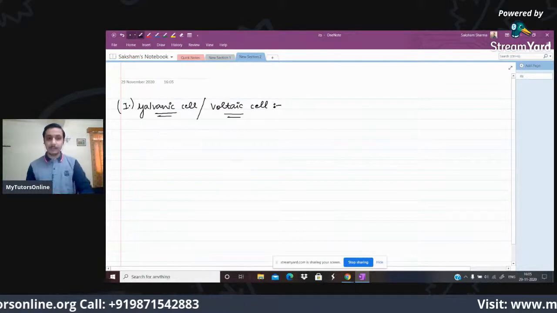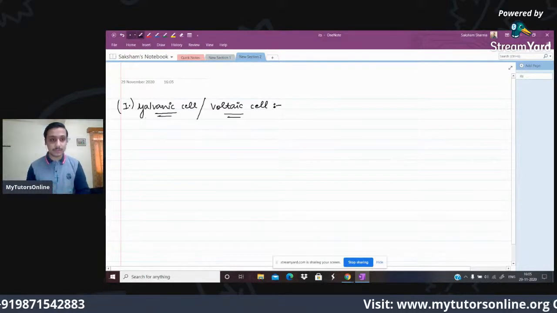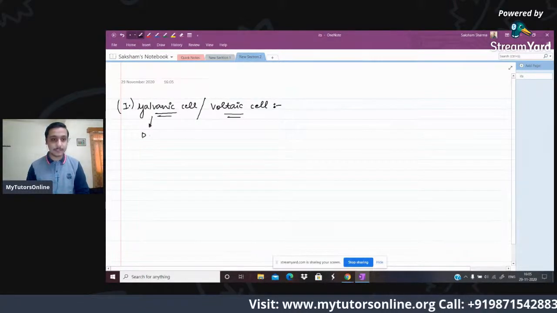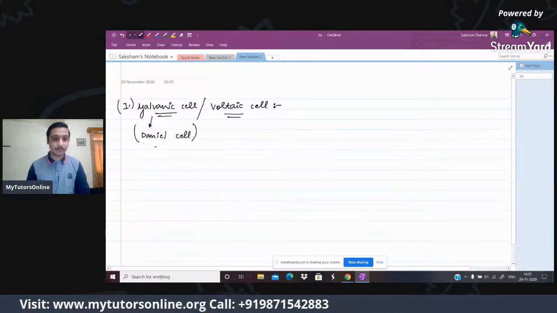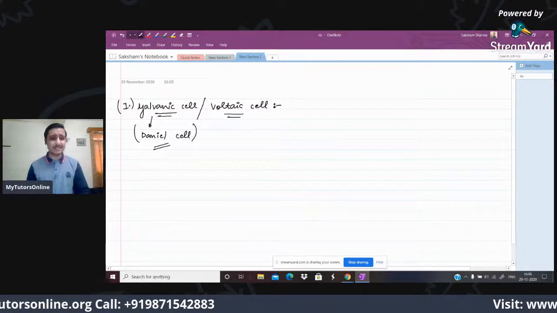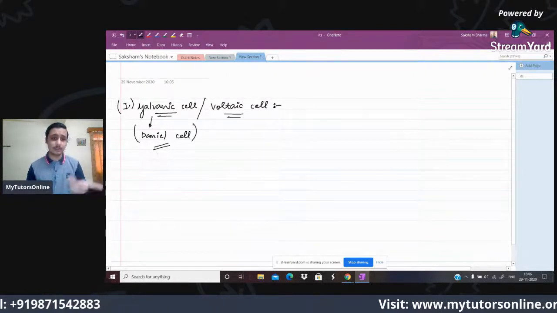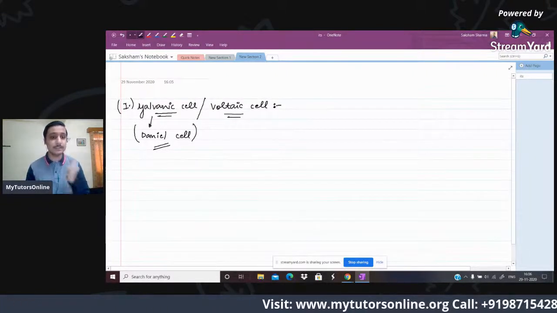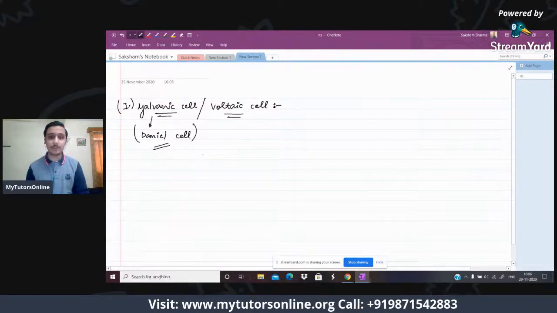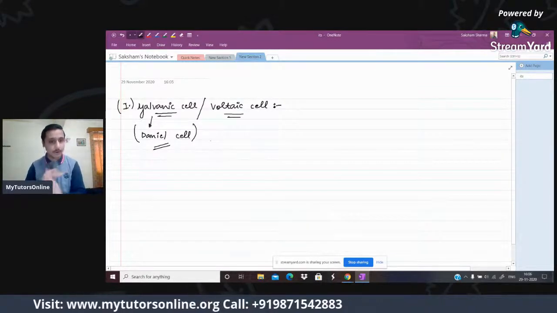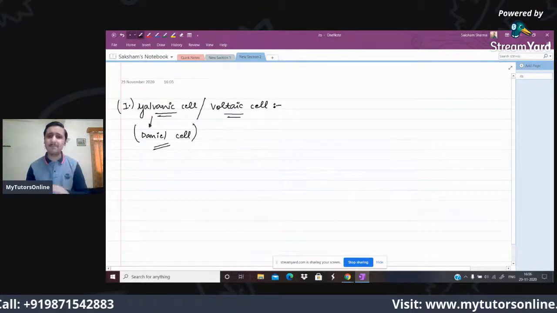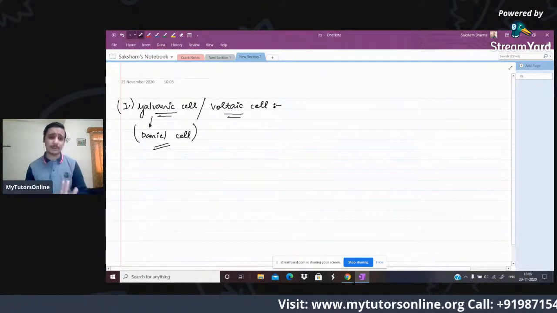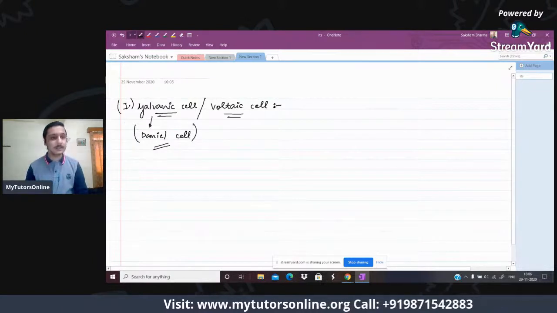Correct? Now, in this we have the Daniel cell. This is a basic type of galvanic cell which is usually discussed in your NCERT books, and this is very, very important with respect to your board exams or any competitive exams, because the working of the Daniel cell is very basic and it is asked everywhere. So, first we discuss the Daniel cell.